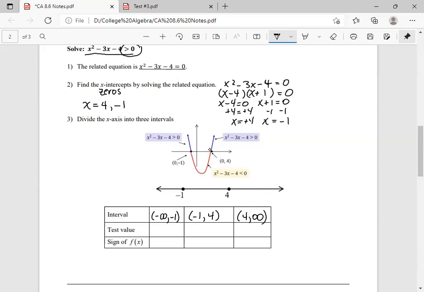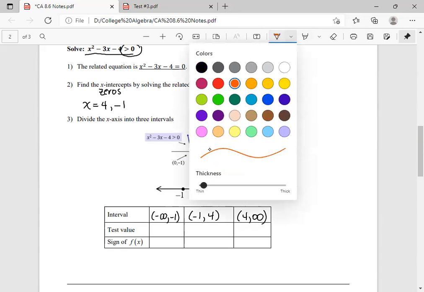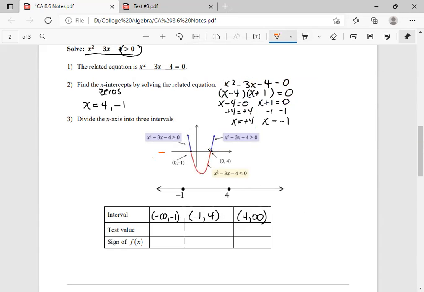So this graph for you right here, if you look at the graph of this, and you look at your x-axis, remember the x-axis is the same thing as y equals 0.